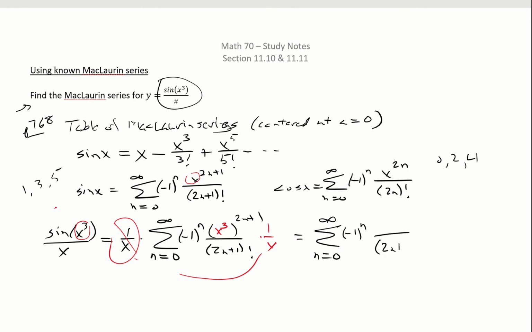We've got 2n plus 1 factorial. Work on that power for me, would you, while I write this down. It is x to the 6n plus 3. But then we're dividing by x, so really 6n plus 2. There you go. That's the series for sine x cubed over x.